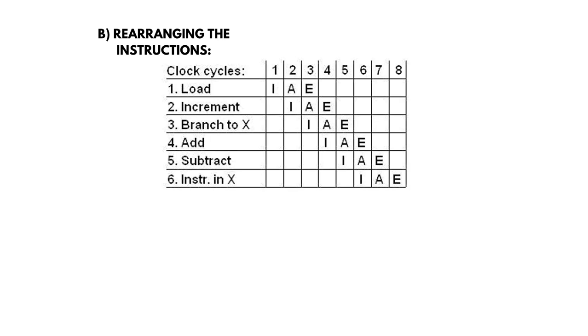Each instruction is independent and not dependent on any other instruction. Now in clock cycles 1, 2, 3 up to 8, we have load IAE, increment IAE, then branch to X. The branch to X is IAE, then add IAE, subtract IAE, and then the instruction in X, IAE. So after the branch we need two empty cycles.